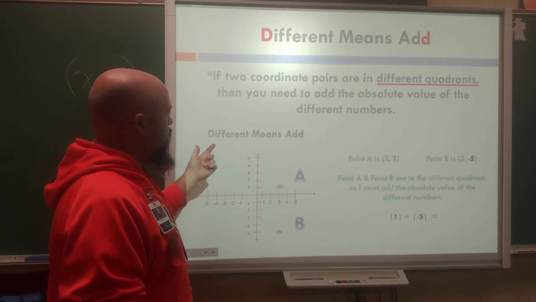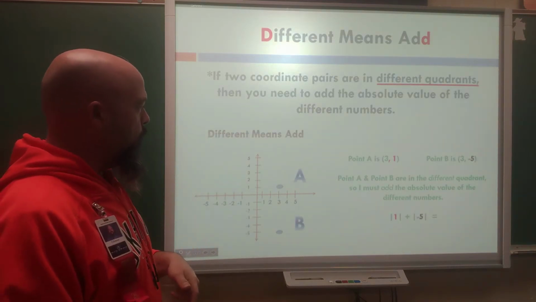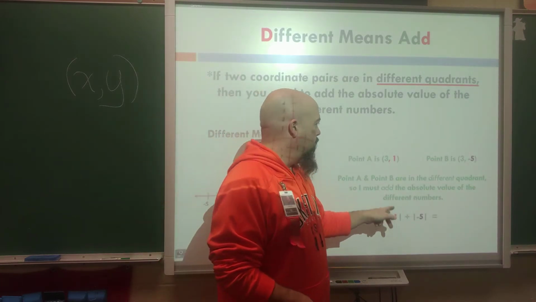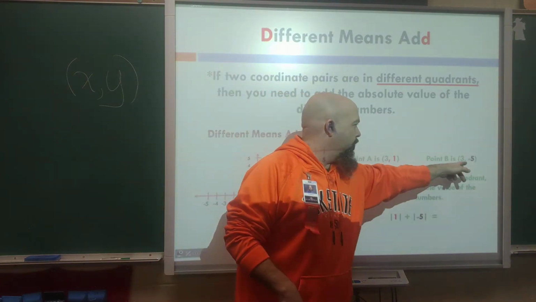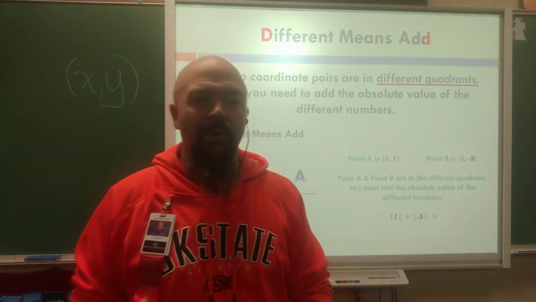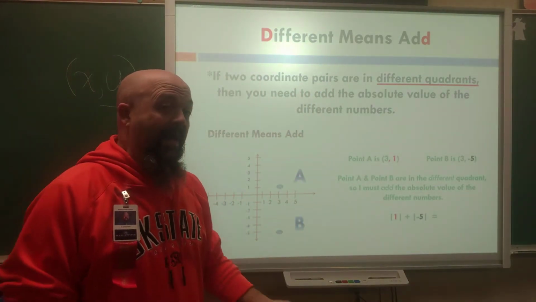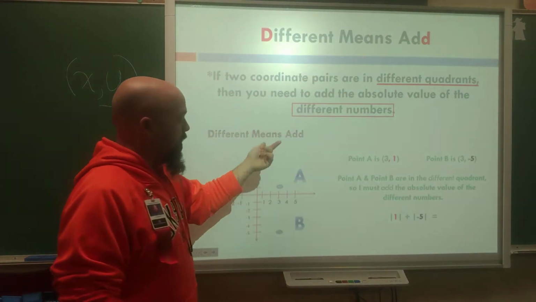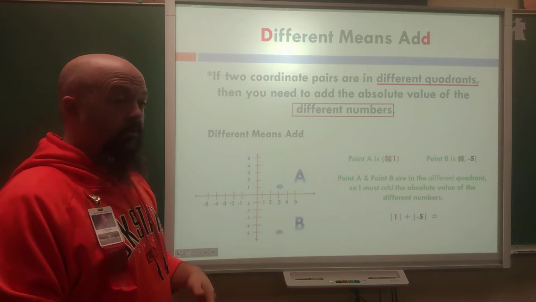Different means add. So once again, absolute value of the different numbers. We only worry about the 1 and the -5 because the 3s for the x's are the exact same value, so we don't want those. That's not going to give us any distance.